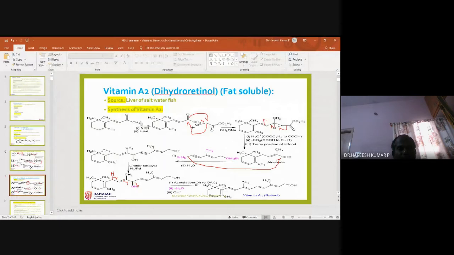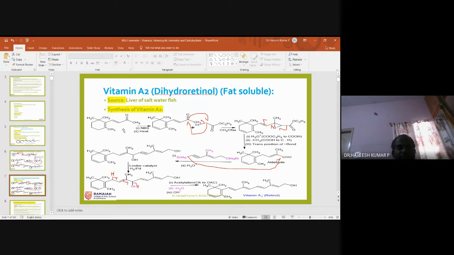Now, only the first step changes, but the remaining steps are the same as in the vitamin A1 synthesis. That is what you need to remember. Only step 1 is different when you compare the vitamin A1 and A2 synthesis.